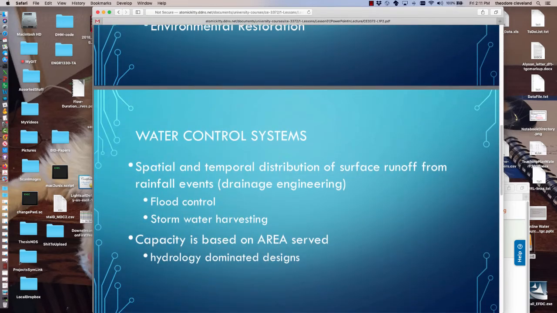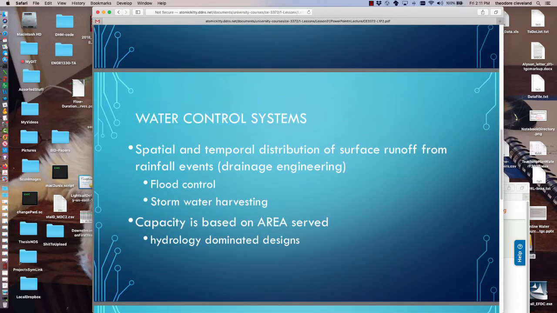And here are classifications of water control system. We're going to leave this slide shortly and go into the readings and see what we can learn from the readings.